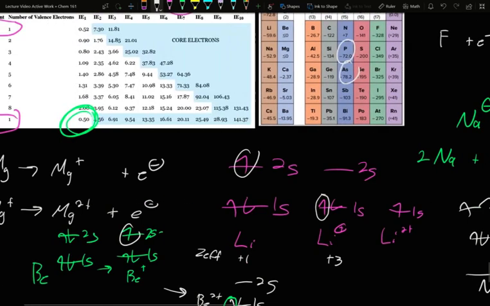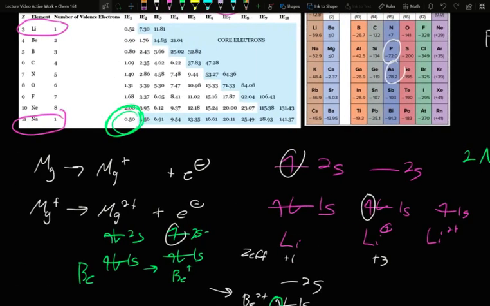And so a few extra trends that we tend to see. Ionization energies, when you're going beyond the first ionization energy, continue to follow the same trends we saw with the first ionization energy. They just have a very large jump when you get to core electrons. But as you can see, removing that first core electron gets harder and harder as we go across the periodic table.